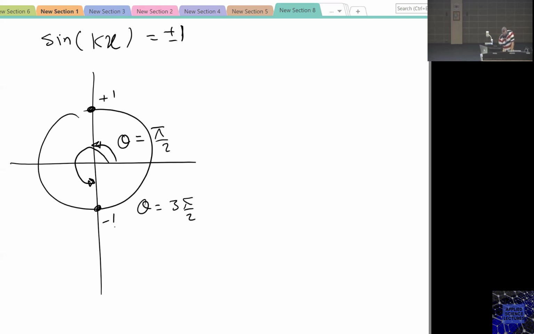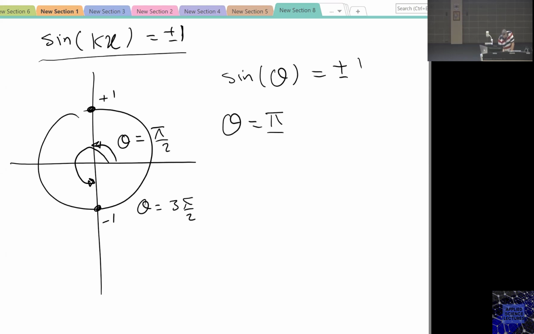So in order to solve for my sine theta to be plus or minus 1, this theta has to be pi/2 plus m pi, where m takes 0, 1, 2, 3, 4, and so on. It depends on how long this string, or this medium that my standing wave is constructed in, is.